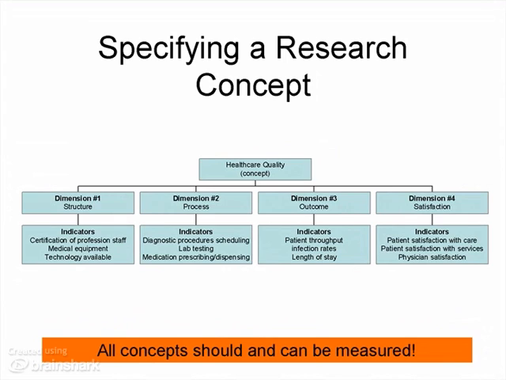For example, one dimension of healthcare quality is the structure, and an indicator to measure that might be the certification of professional staff, the condition of medical equipment, or the technology available. So that's one indicator that might be used to measure one dimension of healthcare quality. You can see there are several dimensions.